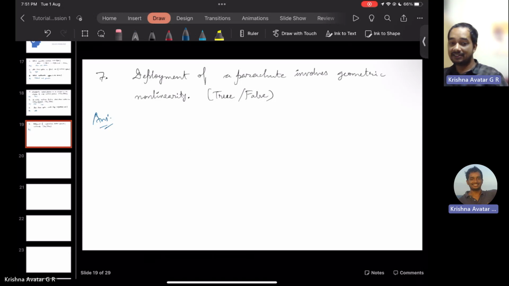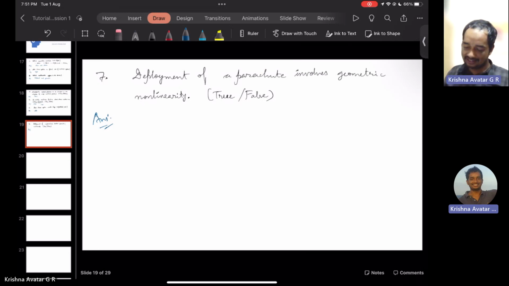What it involves is force nonlinearity. We are just sticking to what was discussed. Otherwise, geometric nonlinearity does exist.